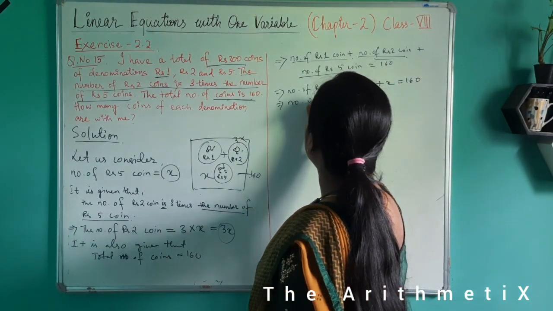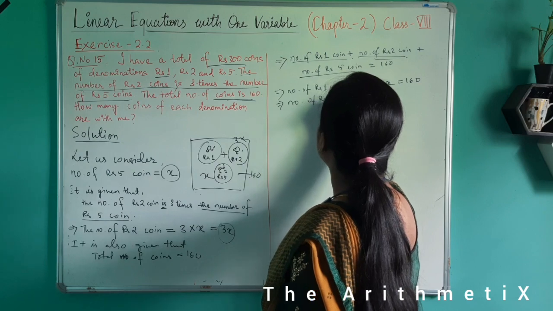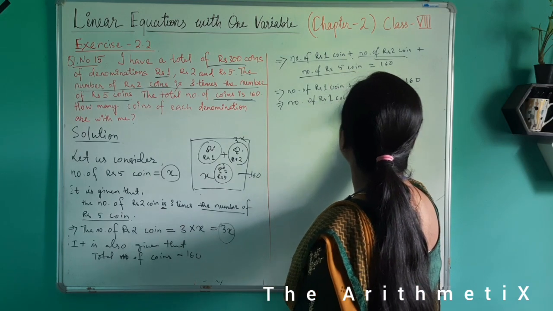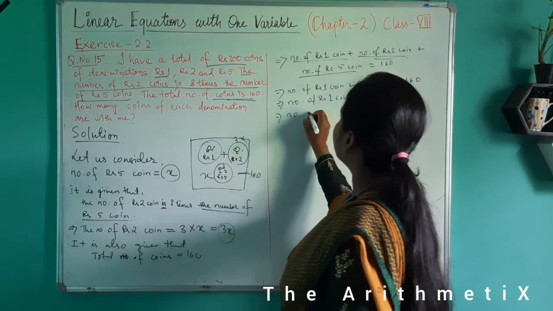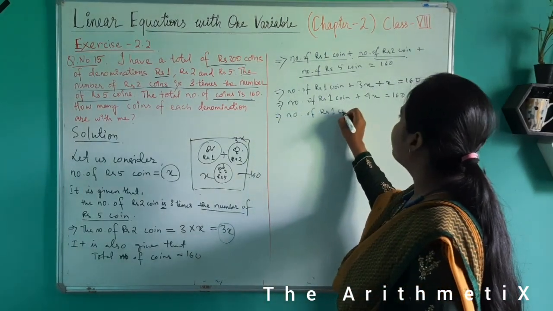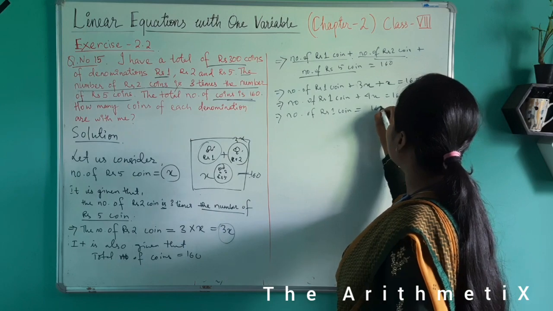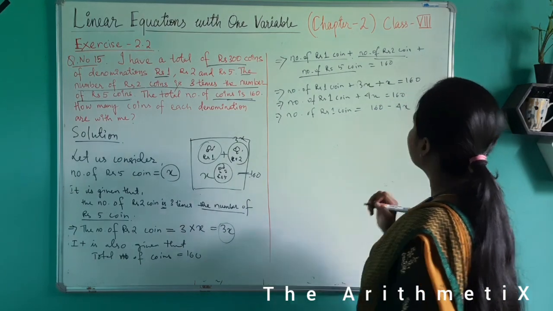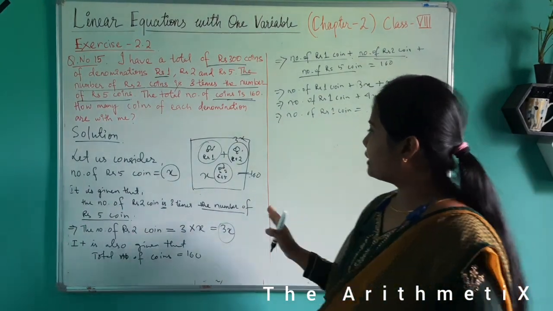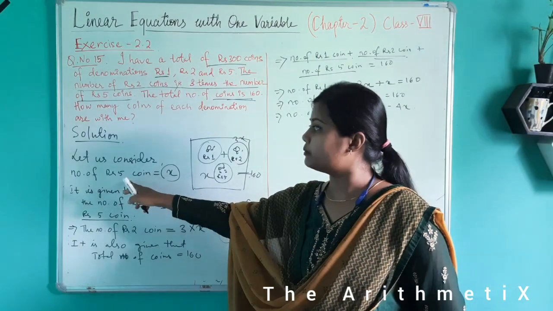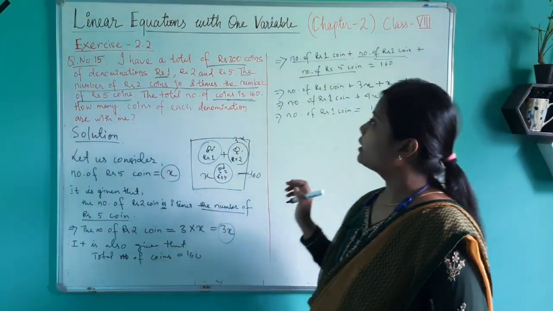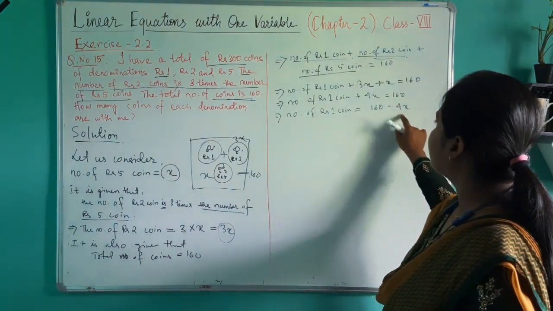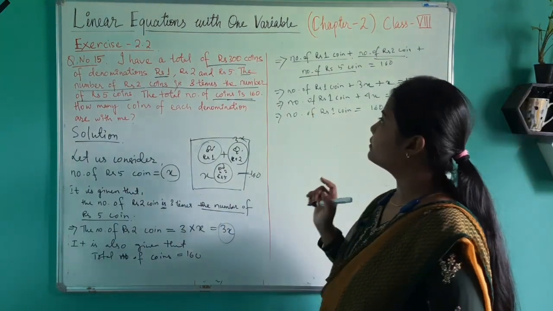So the number of 1 rupee coins plus 4x equals 160. This implies the number of 1 rupee coins equals 160 minus 4x. Now we know that we have x number of 5 rupee coins, 3x number of 2 rupee coins, and 160 minus 4x number of 1 rupee coins.